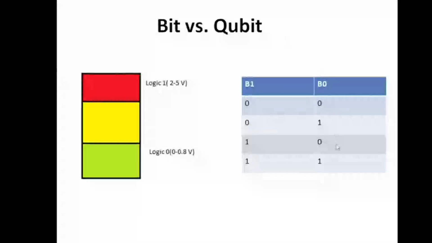That means at an instant it will have all 4 values present. Just like a single qubit can contain 0, 1, or any probability or superposition of these two at an instant. But a classical bit will either contain logic 0 or logic 1.